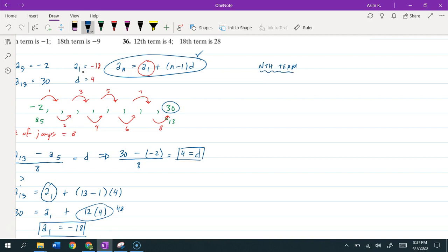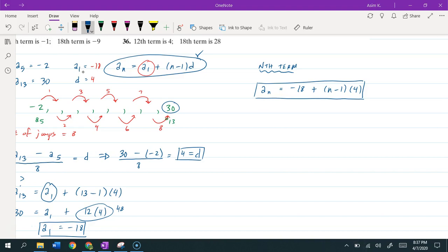It always puzzles me why the book asks the question in such an odd manner in this lesson, even though it's generally a very good book. So you could say negative 18 added to n minus 1 multiplied by 4, and that negative 18 and that 4, they're never going to change. So think of it like mx plus b. The m and the b never change. So in that same sense, we are done with this formula here.